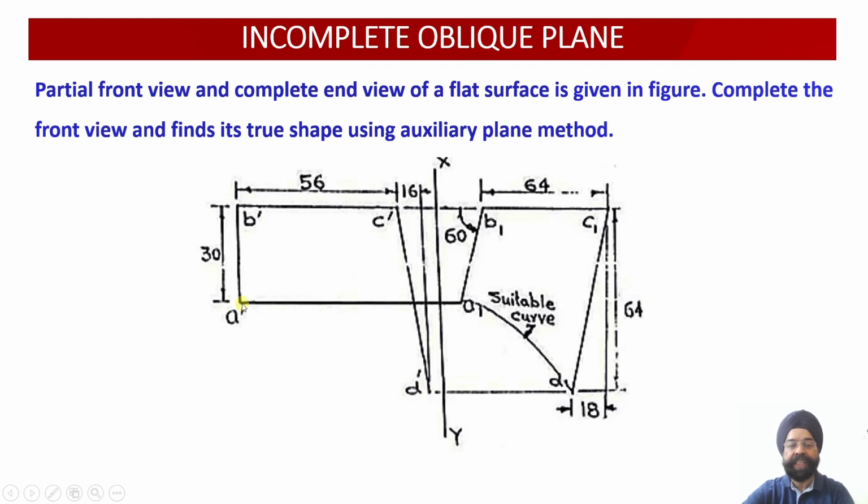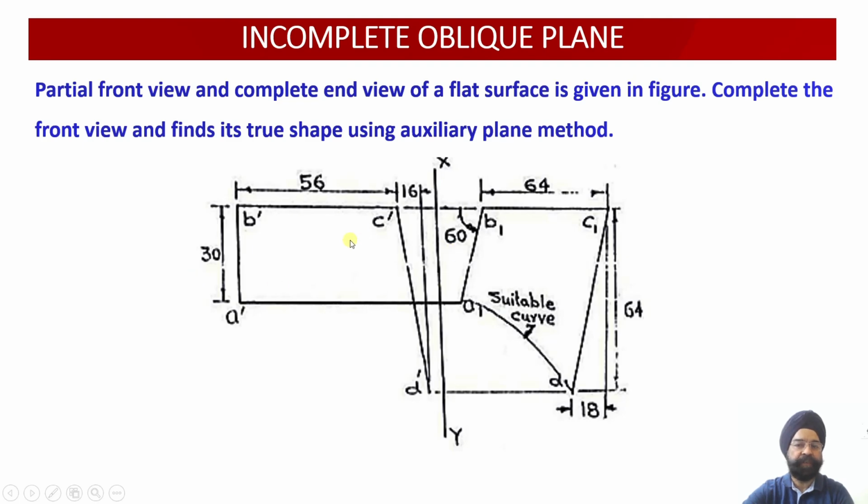We will see how the auxiliary plane method can be appropriately deployed, not only to work out the true shape of this lamina involving curved sections, but also to complete the missing portion of the front view of the curved lamina. So this is a flat surface whose dimensions have been given.